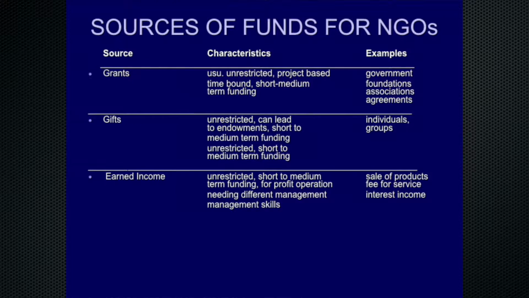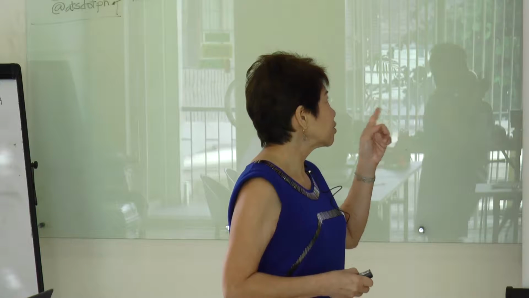Now, grants, we also have income from grants. We receive grants from funding agencies abroad and locally, but grants are usually restricted, and it's project-based. When you apply for a grant, it's for a particular project, which normally would last anywhere from 1 to 3 years on the average.